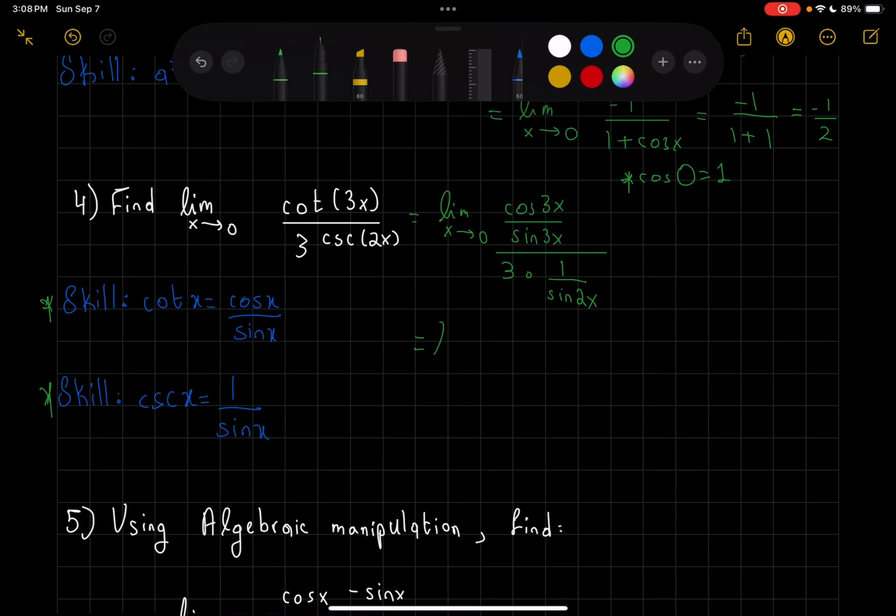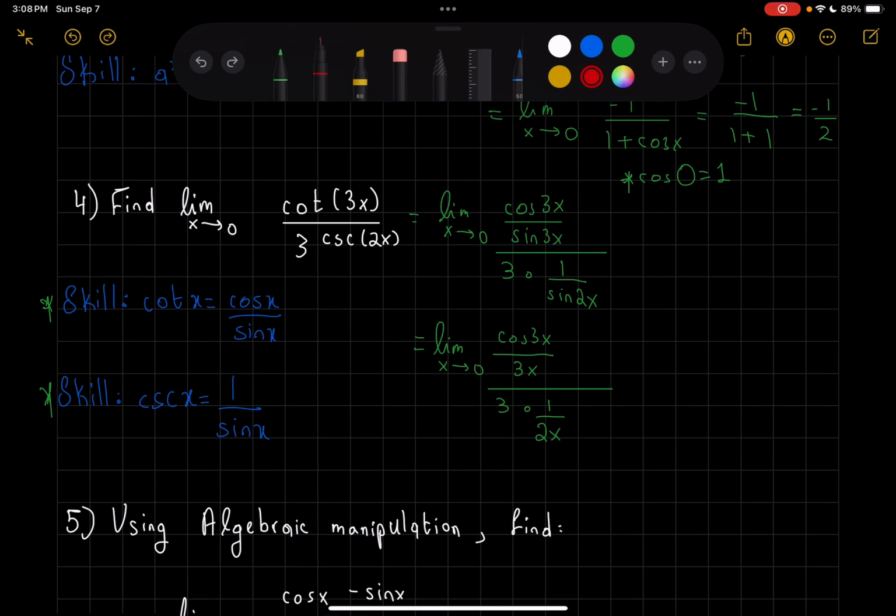So it will be limit as x is going to 0, cosine 3x over 3x over 3 times 1 over 2x.